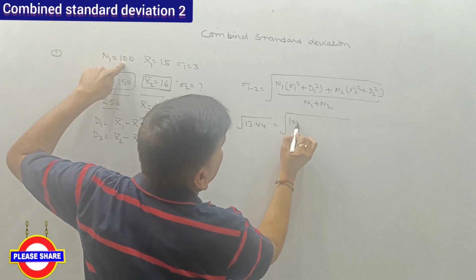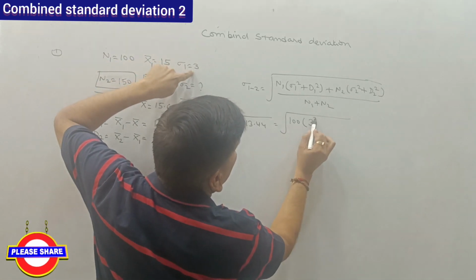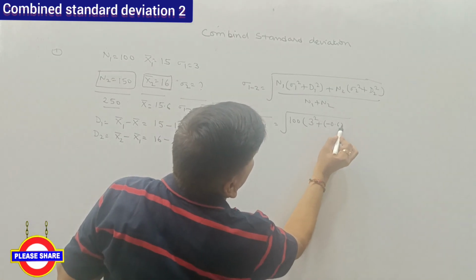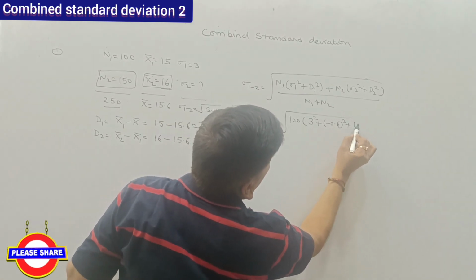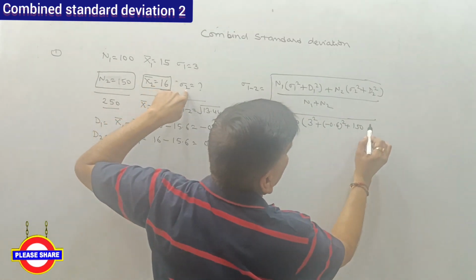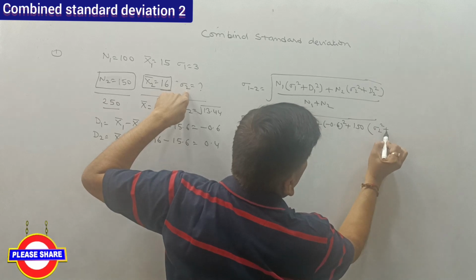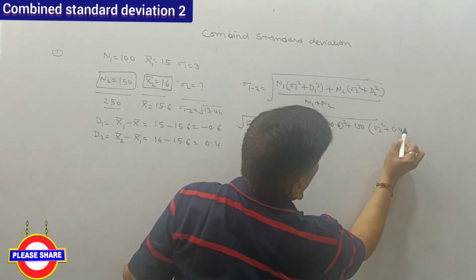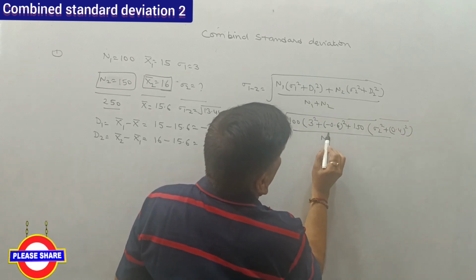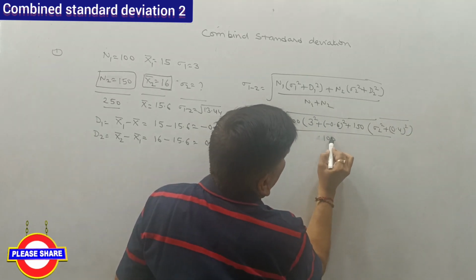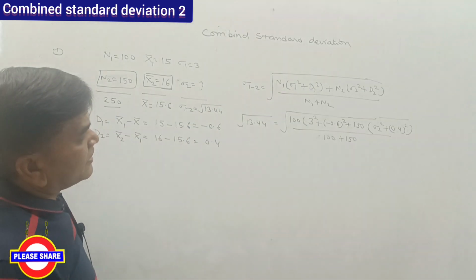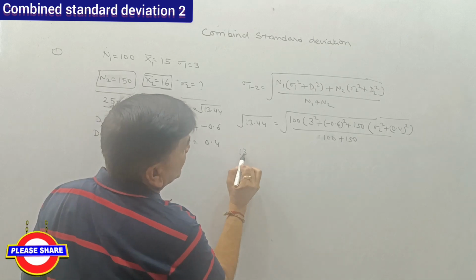N1 is 100, standard deviation 3 raised to power 2, plus minus 0.6 raised to power 2. N2 is 150, standard deviation 2 not known, plus 0.4 raised to power 2. Divided by N1 plus N2, that is 100 plus 150. Taking a square on both sides, so that will be 13.44.